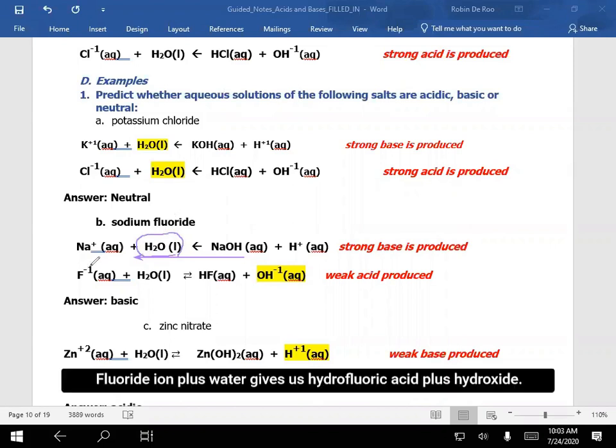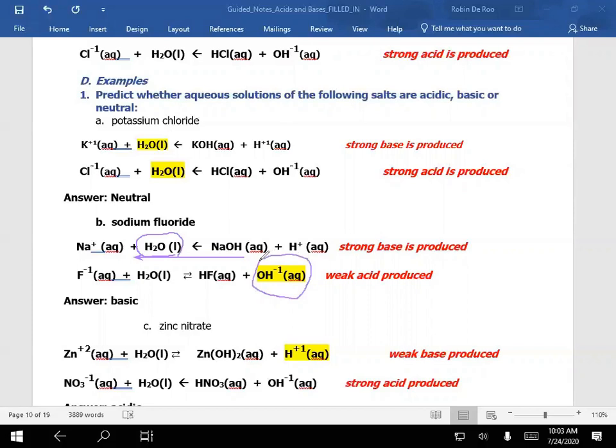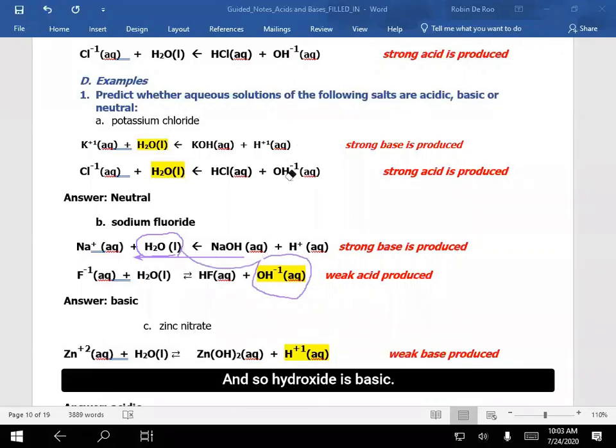Fluoride ion plus water gives us hydrofluoric acid plus hydroxide. We know that hydrofluoric acid is a weak acid because the bond between the hydrogen and the fluoride is so strong that it does not want to break. So we made a weak acid. That means we have hydroxide that is in water. And so hydroxide is basic.